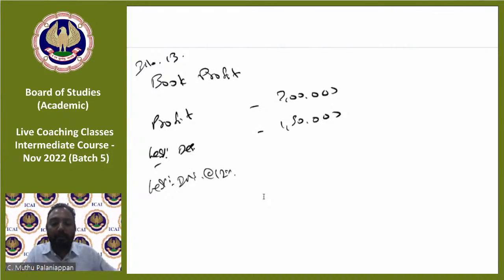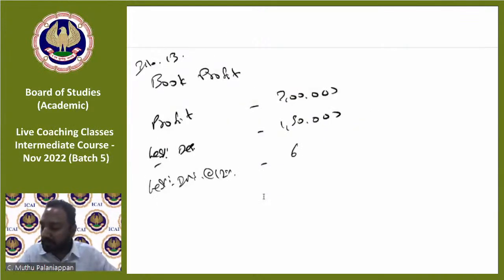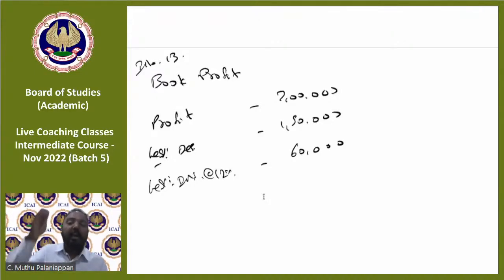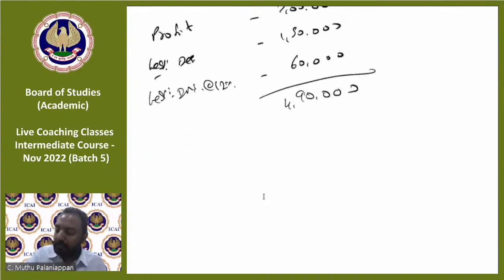What is eligible is only 12%, not 15%. The amount of capital eligible for interest is 5 lakhs. On this 5 lakhs, you compute 12%, that is 60,000. This has not been provided in the books of account. If it were provided, you would have to adjust 3%. Since it is not provided, I'm reducing 12%. So 7 minus 2.1 gives 4,90,000.